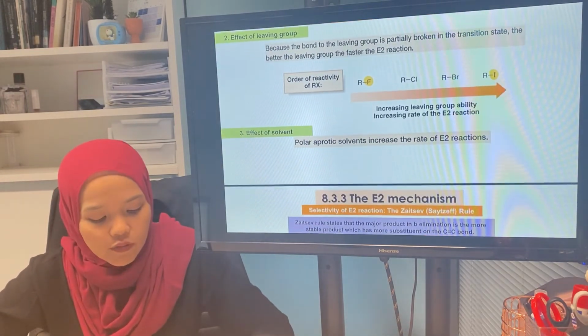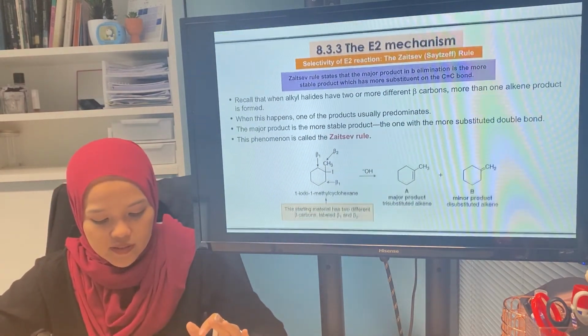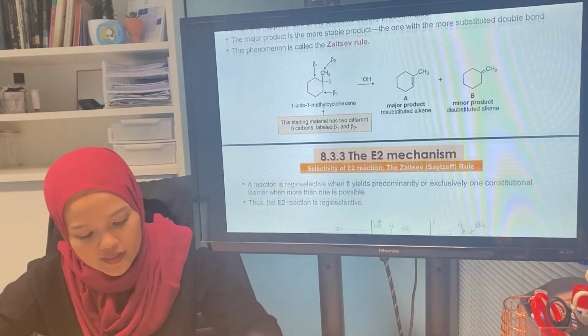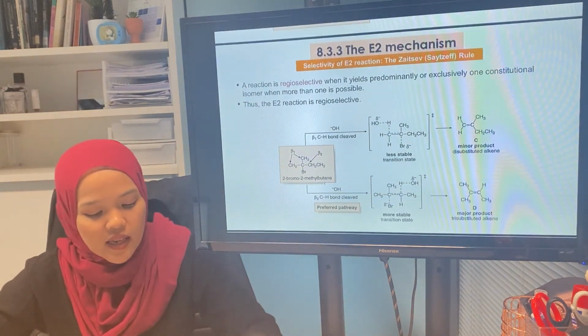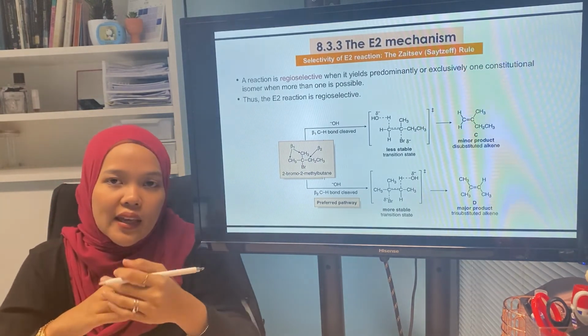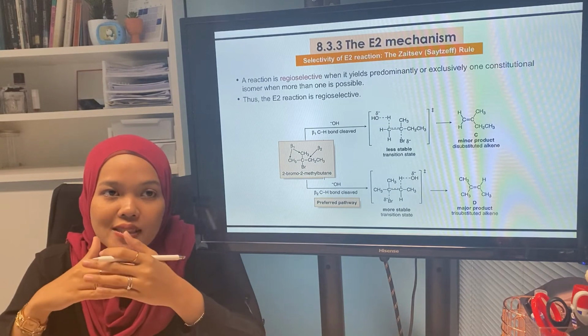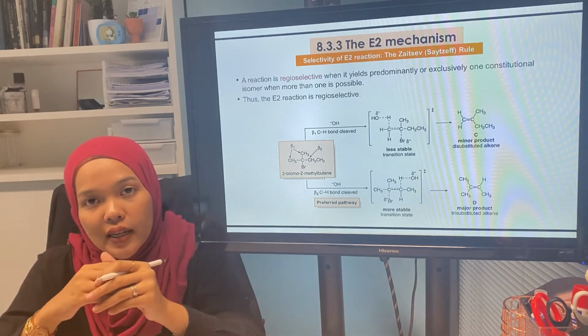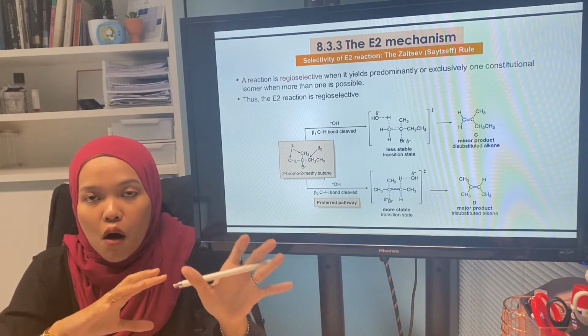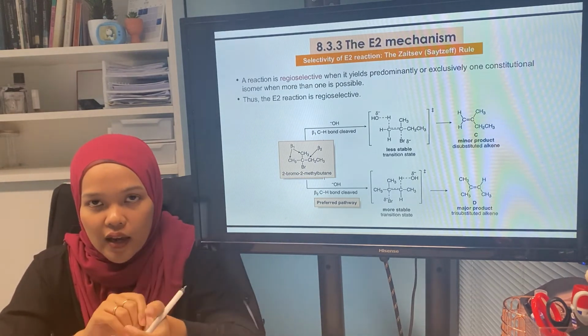So the effect of solvent, I'm not going to discuss it. And then the selectivity, I have discussed earlier. We call this the Zaitsev Rule. So the E2 mechanism is regioselective. What is regioselective? It is selective towards one type of constitutional isomer.